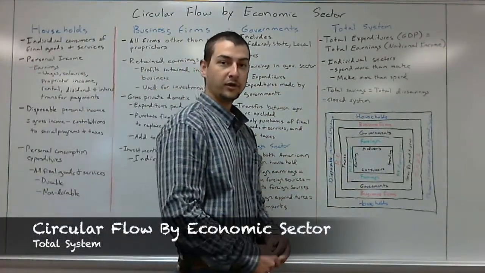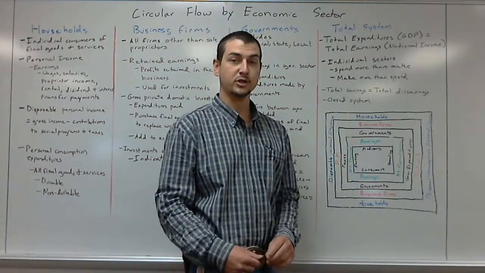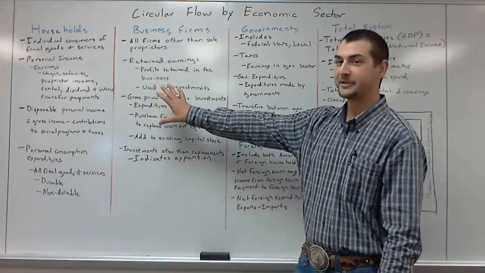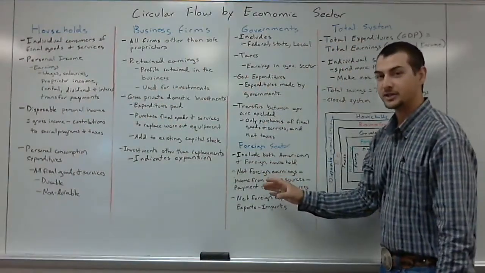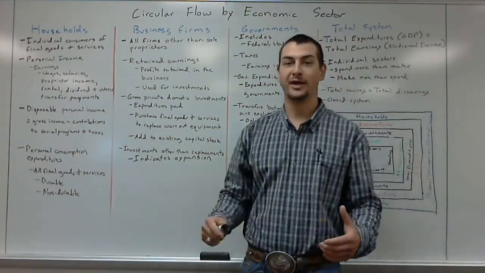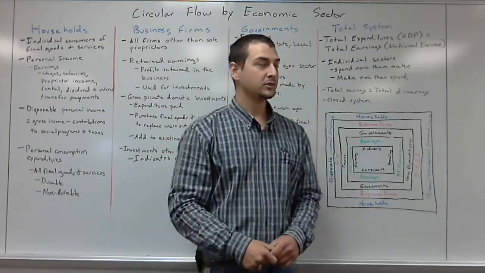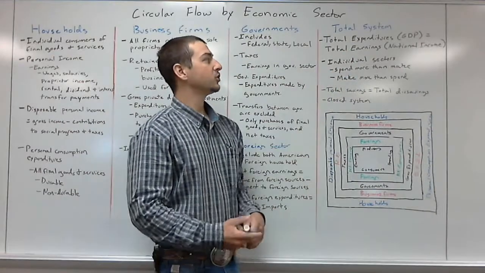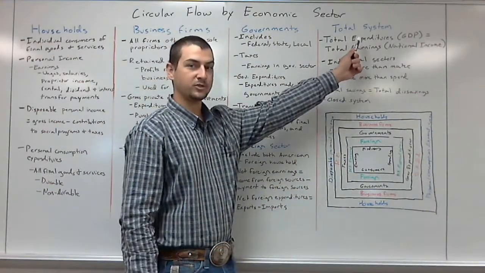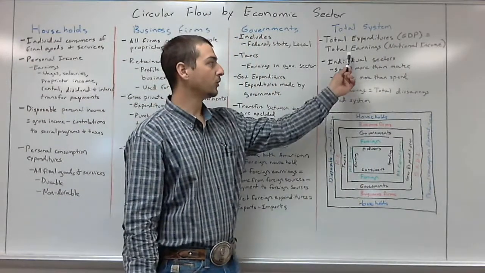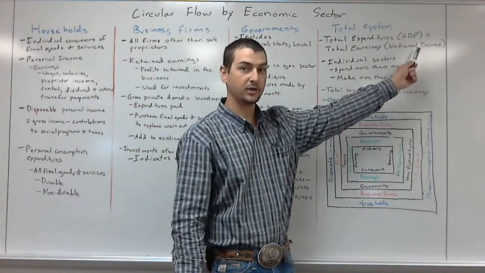In this last video, we're going to talk about the total system of the circular flow. We've already discussed the households, the business firms, the governments, and the foreign sector, and we've said that each one has an expenditure and an earnings as well. Within the total system, your total expenditures, or your GDP, needs to equal your total earnings, or your national income.